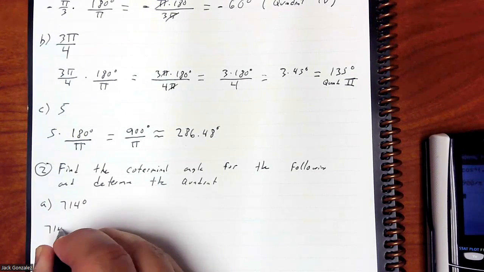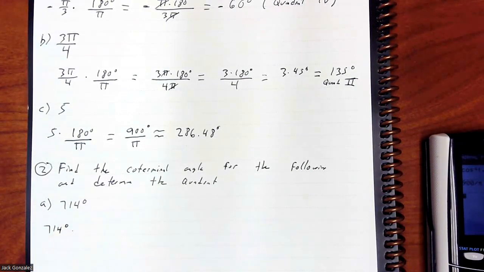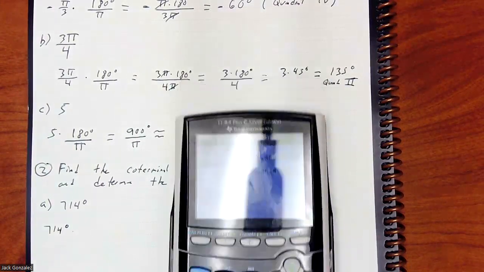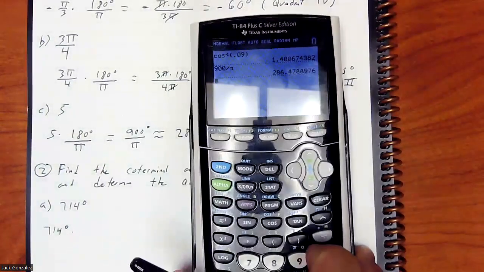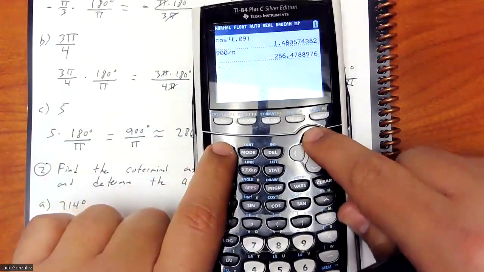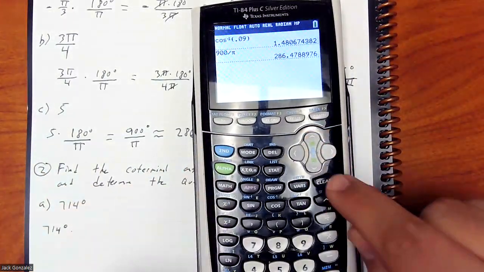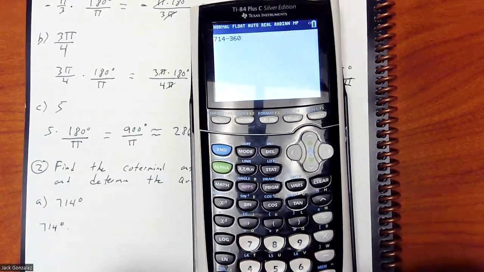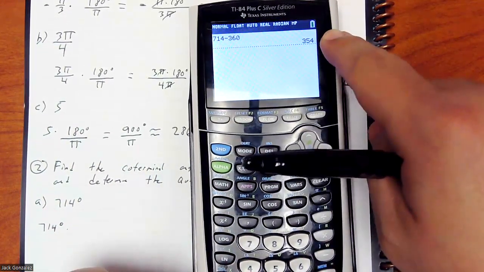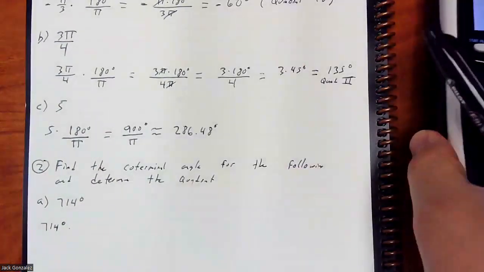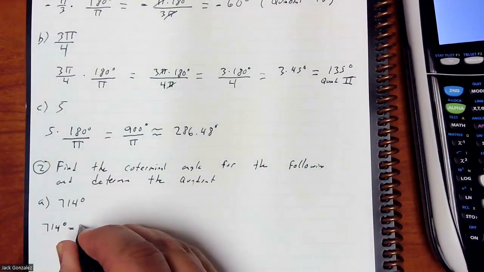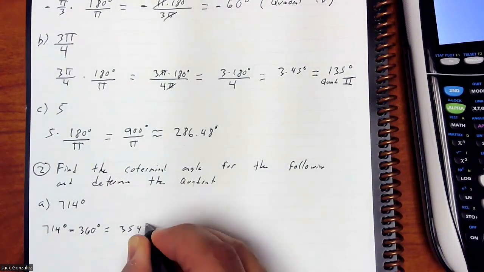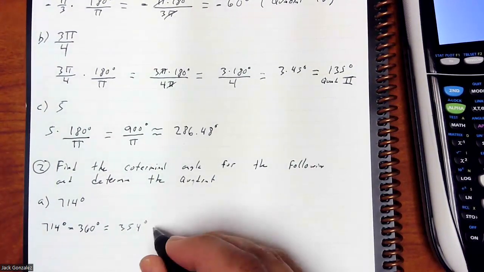So 714. Subtract 360. One time and we're below 360. So one time gets us to 354. This would be your coterminal angle.